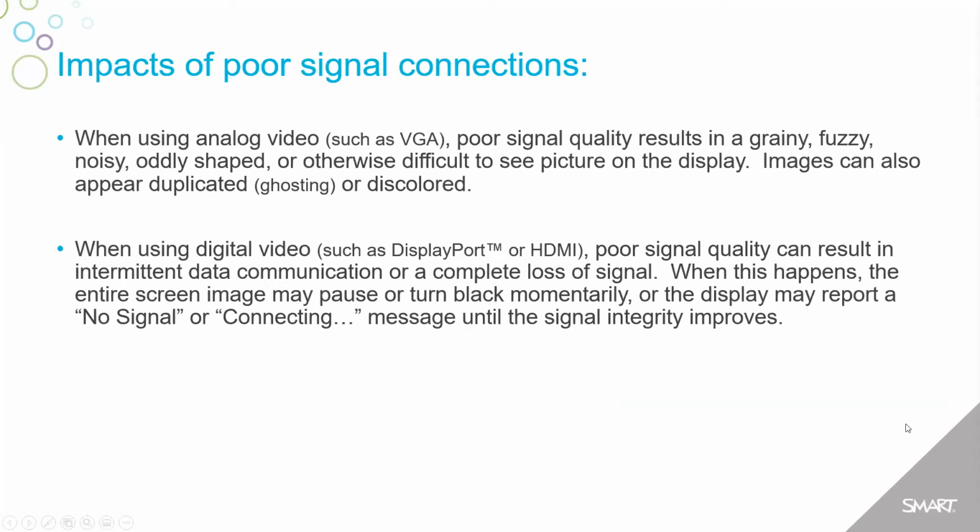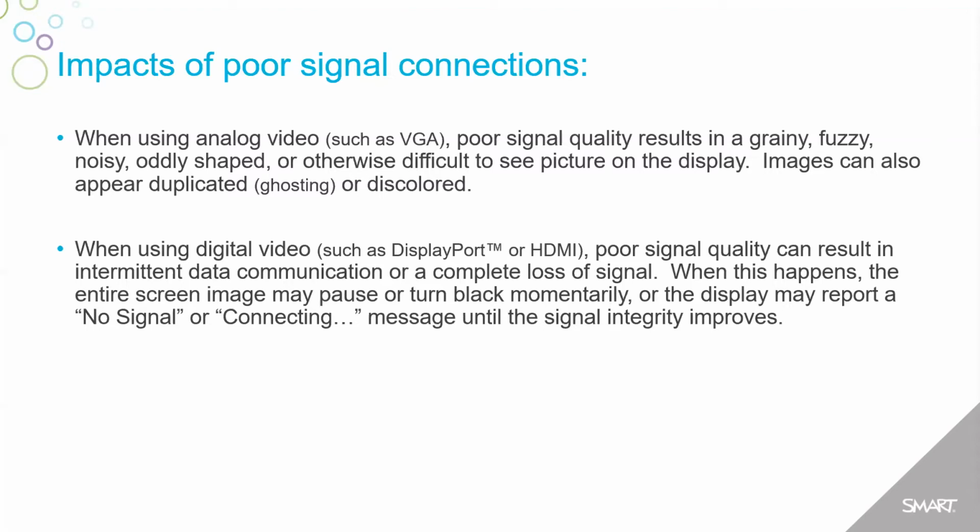So to start with, we're going to look at one of the why questions, and that is the impact of poor signal connections. If you have a poor signal between your computer and your Smartboard display when using analog video such as VGA, you're going to see a grainy, fuzzy, noisy, oddly shaped, or otherwise difficult to see image on the display.